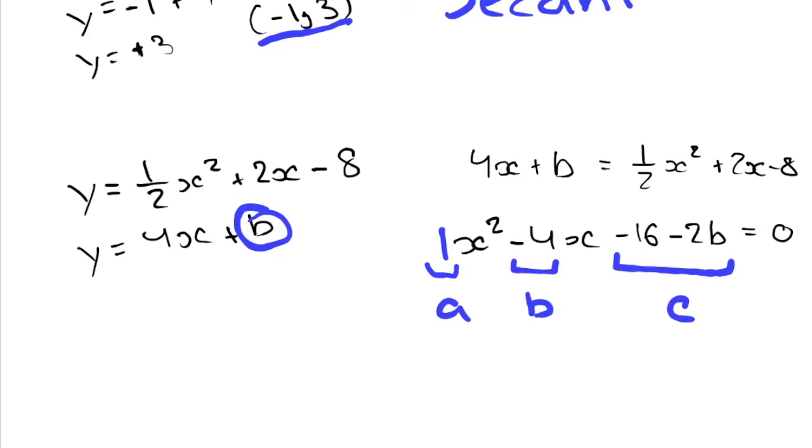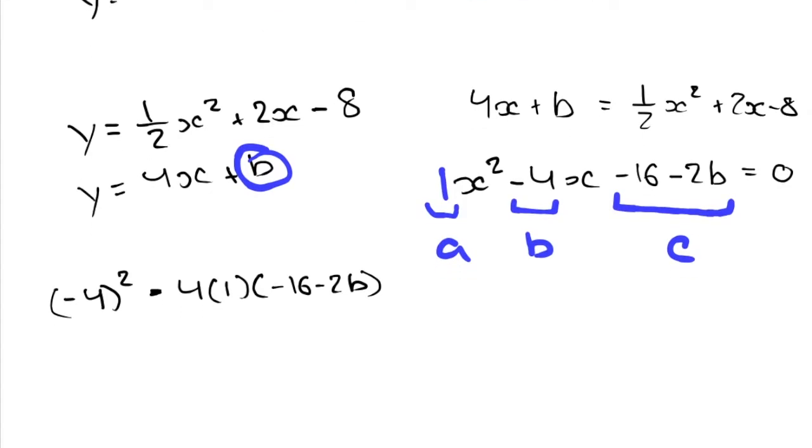So the discriminant, of course, is b squared, so -4 squared minus 4 times a times c, but in this case c is -16 minus 2b, right? And now that we have that, we're going to go ahead and solve this, because we know this whole discriminant equals 0 because we know that the 2 lines are tangent.